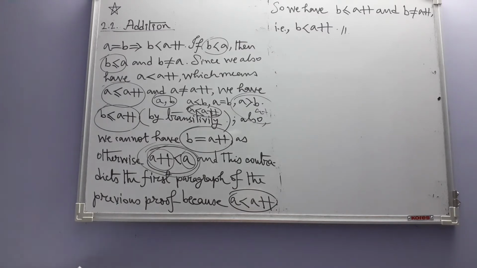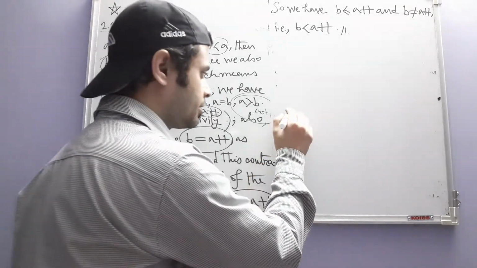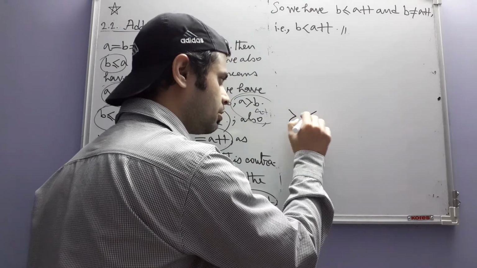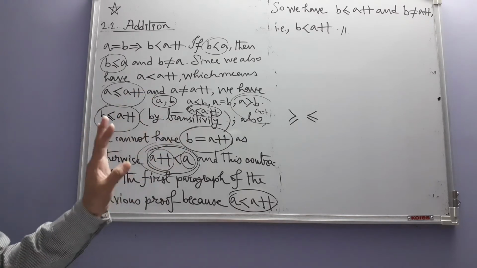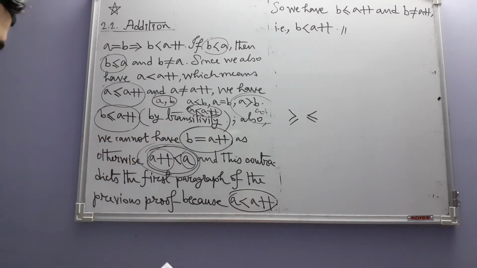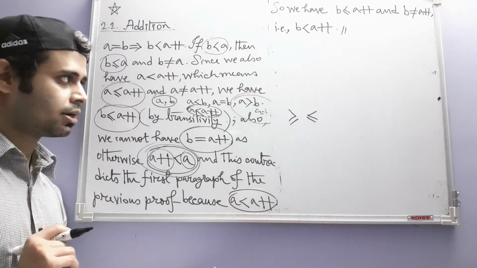Okay, now we have introduced the order relations, greater than or equal to, less than or equal to. They help us order the natural numbers, which one is larger, which one is smaller. So now using these properties of order that we have proved, we can state a stronger version of the principle of mathematical induction.